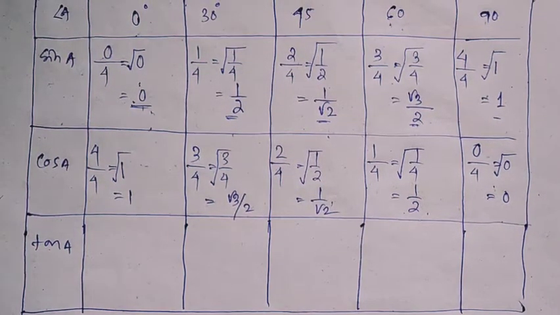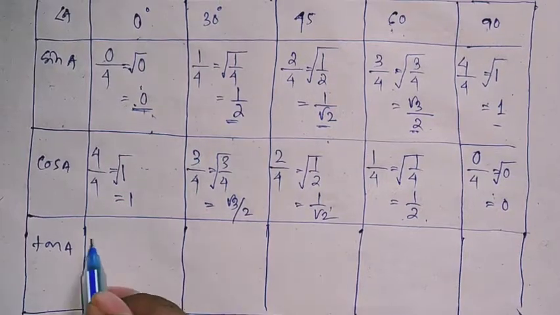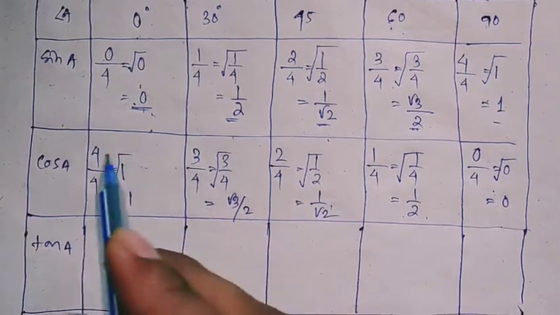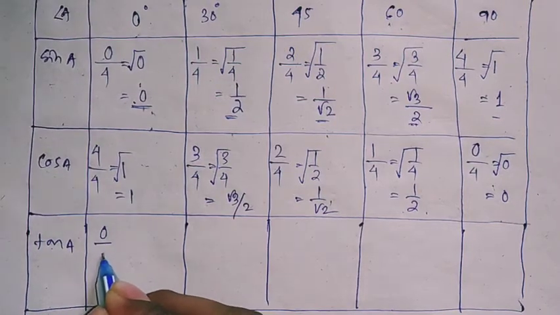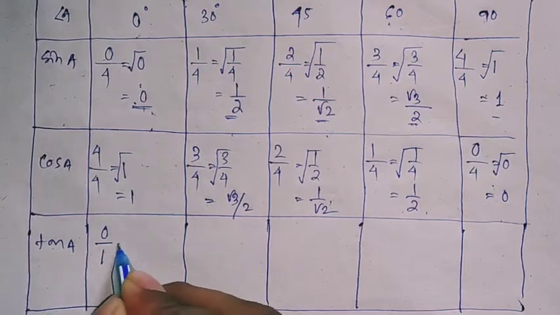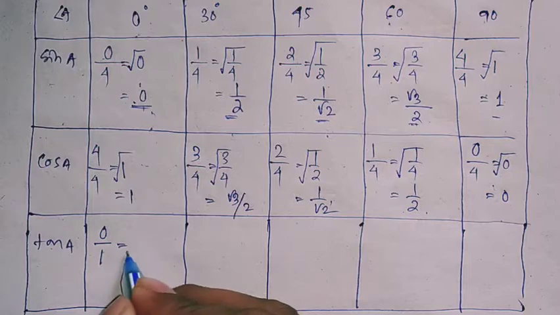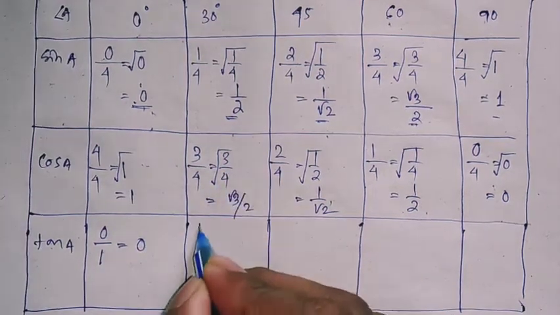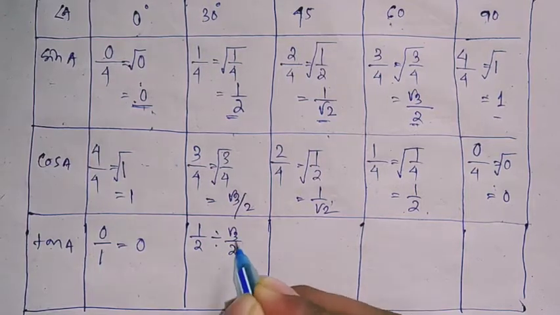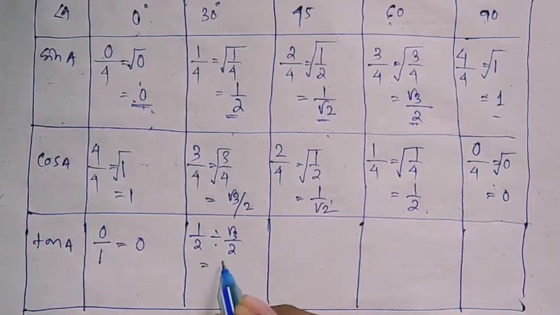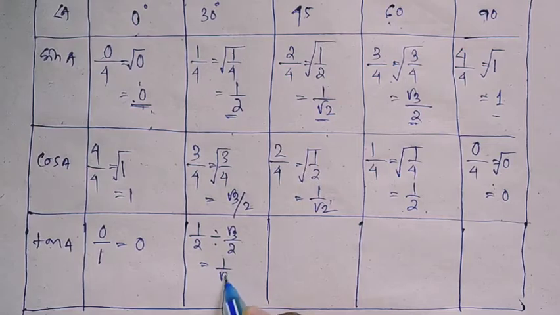Similarly we can evaluate tan A. We know tan A is equal to sine A by cos A. So I can write 0 by 1, which means 0. Then 1 by 2 divided by root 3 by 2, so this will be 1 by root 3.